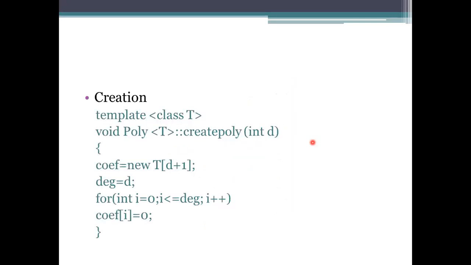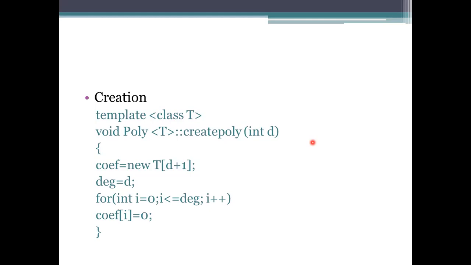So in creation of a polynomial, we need to mention the highest degree of that polynomial. This is done with the help of template classes, and we also use the scope resolution operator for specifying their methods.